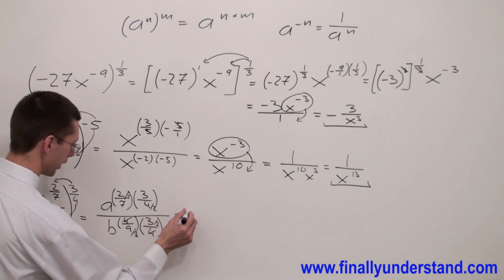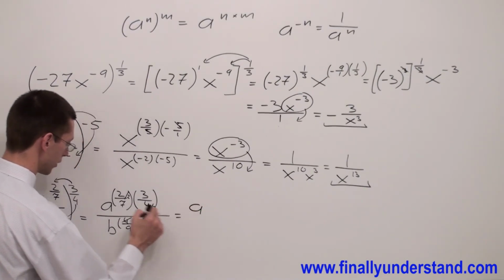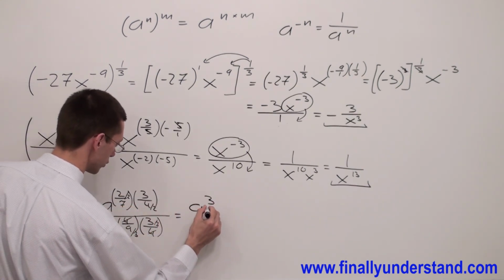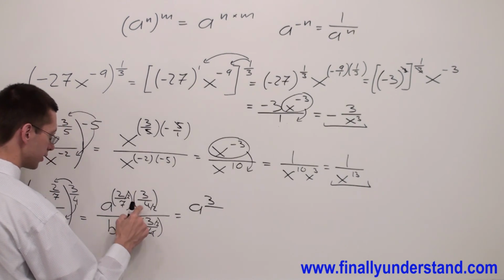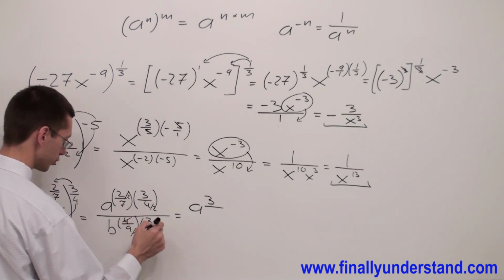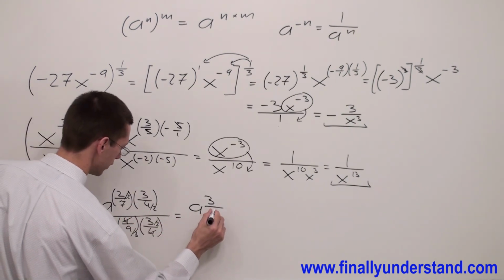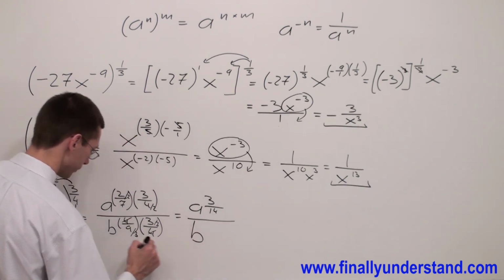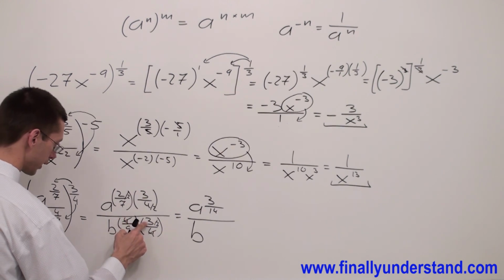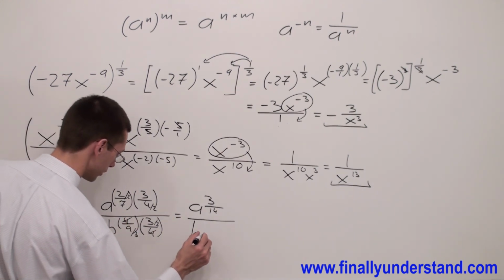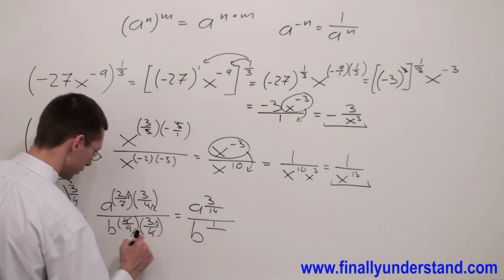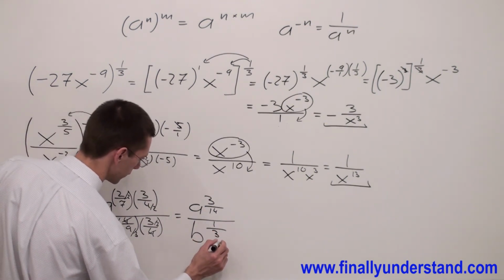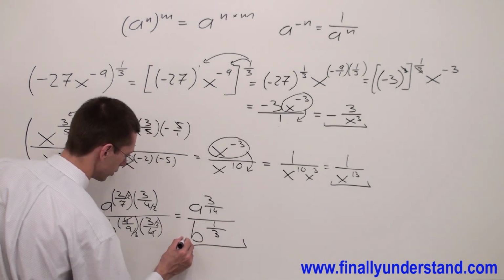This is equal to a to the 1 times 3 is 3, over 7 times 2, because 4 divided by 2 is 2, is 14, over b to the 1 times 1 is 1, over 9 divided by 3 is 3. 3 times 1 is 3. This is the solution to my problem.